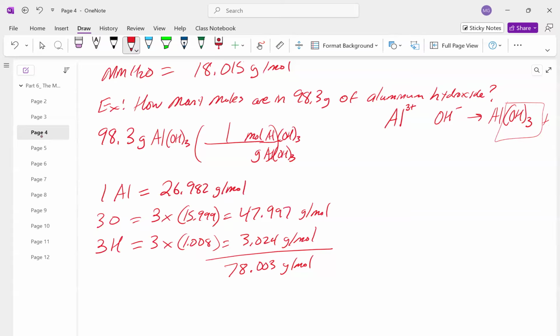And 1 mole of aluminum hydroxide weighs 78.003 grams. Grams cancel out, and that comes out to 1.26 moles of aluminum hydroxide.